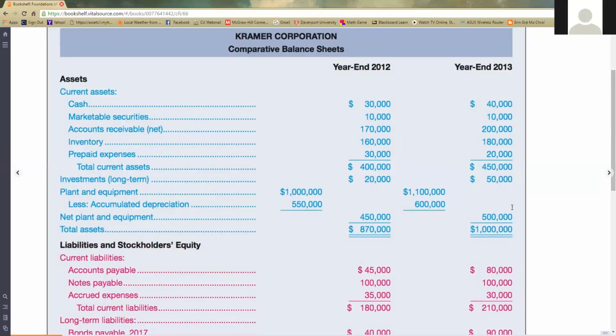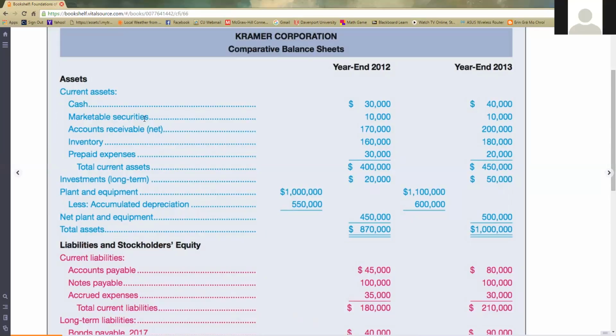So let's talk about what's the difference between a current asset and plant and equipment and investments. Current assets are those things that you're going to turn into cash or use up within 1 year. So cash, it's already in the form of cash.